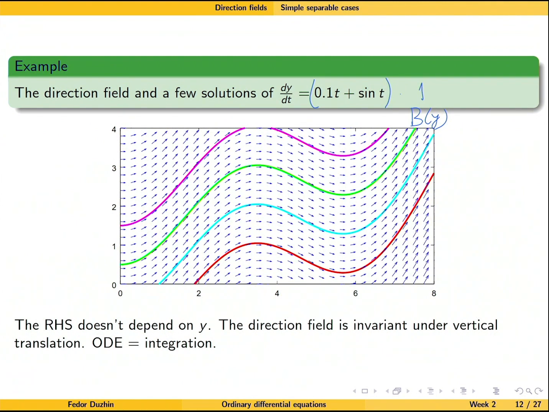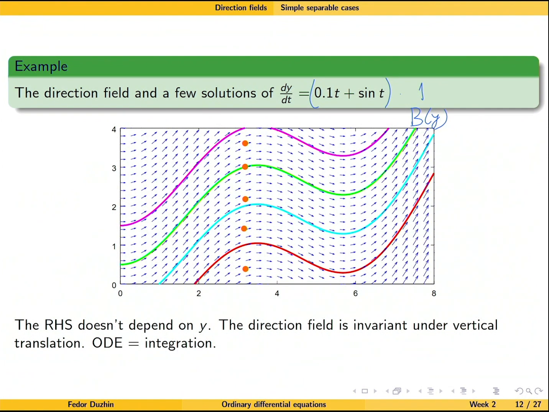Notice that since the right-hand side does not depend on y, it means that if you change y, then the direction of the arrow is not going to change. And you can see it here. So for example, the arrow at this point is the same as the arrow here, the same as the arrow here, and so on.